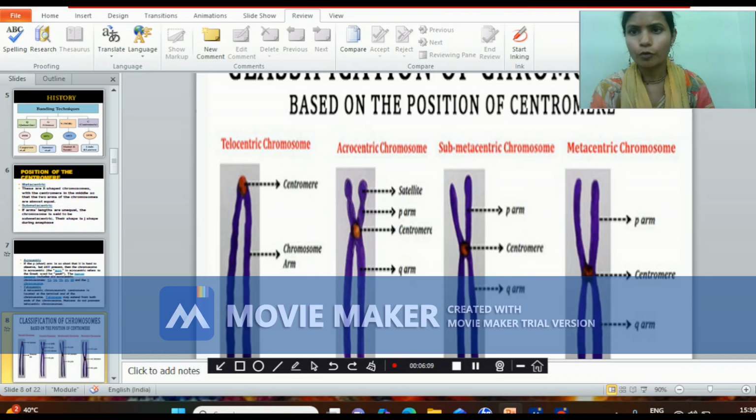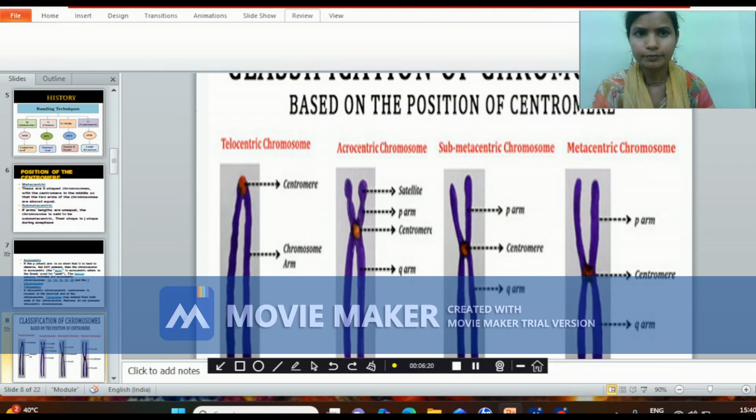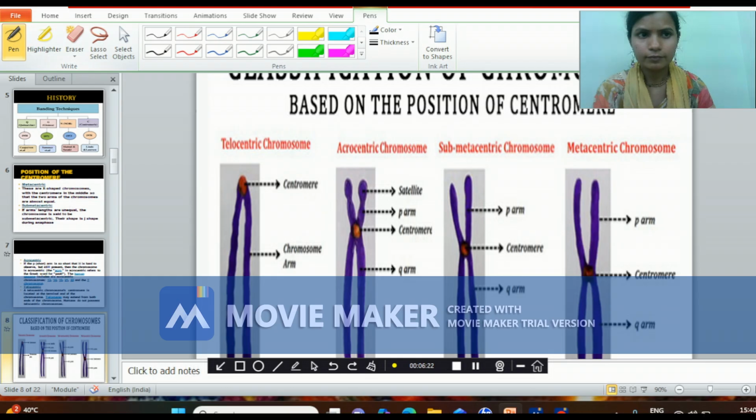Now you can see in the picture the metacentric chromosome. In the metacentric chromosome the centromere is in the middle.